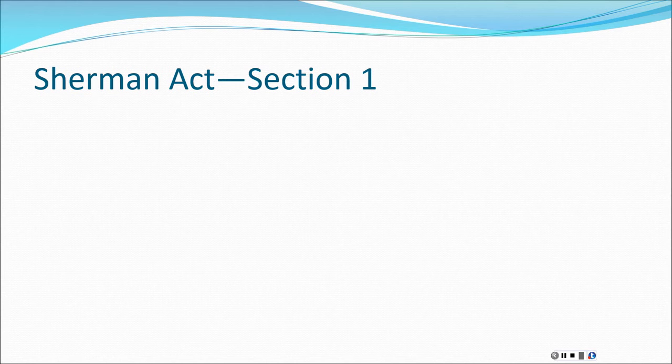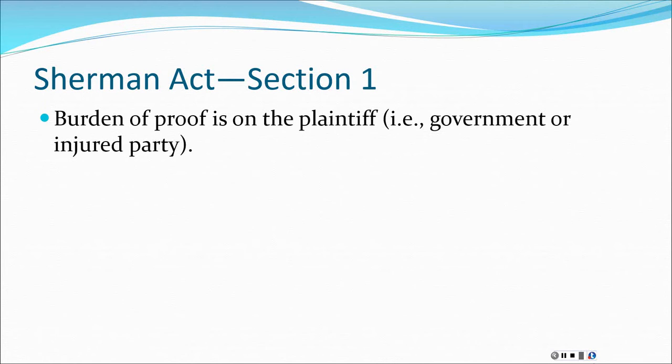Now let's look in more detail at the Sherman Act, Section 1. The burden of proof for these prosecutions of contracts, combinations, and conspiracies in restraint of trade falls on the plaintiff, and that plaintiff can be the government or the injured party. As I said, injured parties have a private right of action.